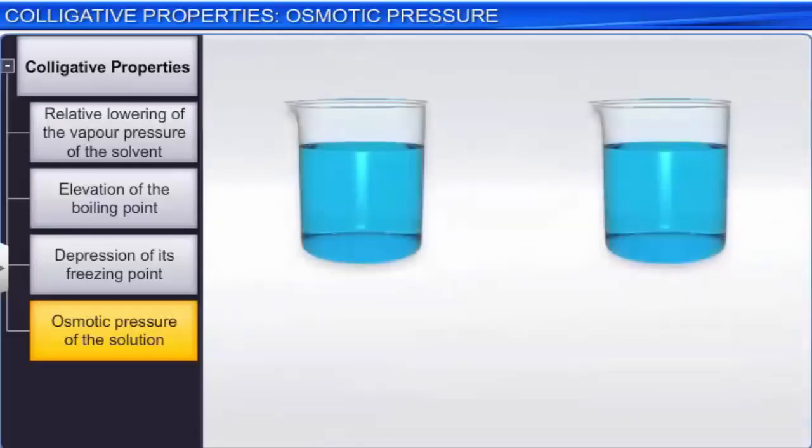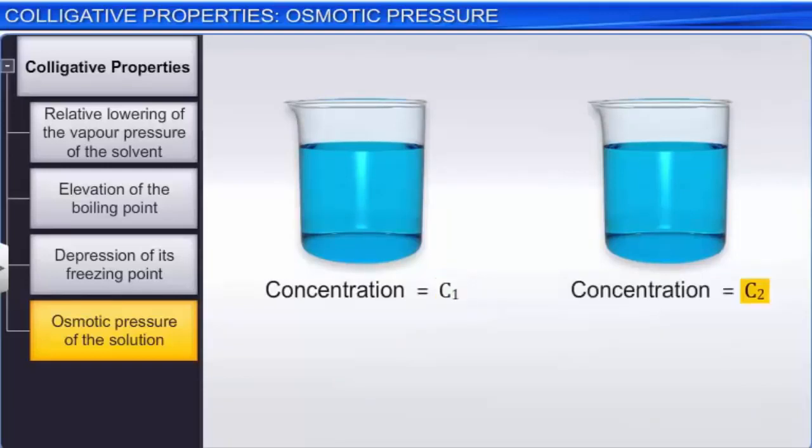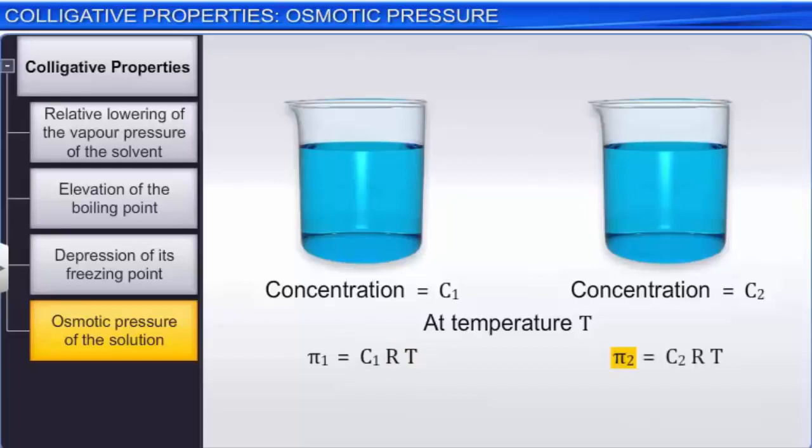Let us consider two solutions with concentrations C1 and C2 at temperature T. Then osmotic pressure for the first solution, pi1, is equal to C1RT, while osmotic pressure for the second solution, pi2, is equal to C2RT.